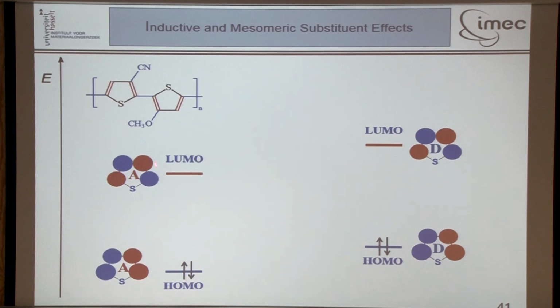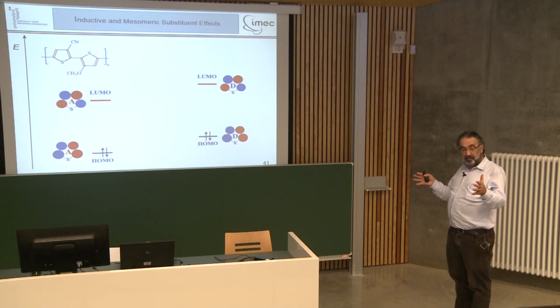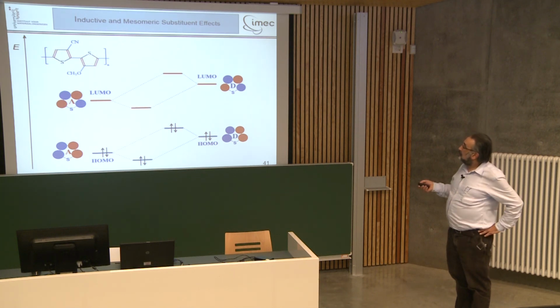We can demonstrate that. If I bring together a poor system with a rich system, these are the relative positions of the energy levels of the HOMO and the LUMO. As I bring them close together, they will interact, molecular orbital theory, so you get a bonding combination and an antibonding combination.